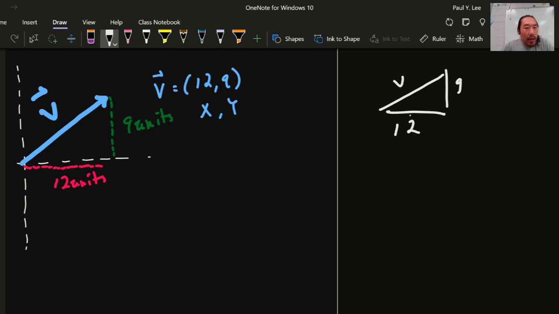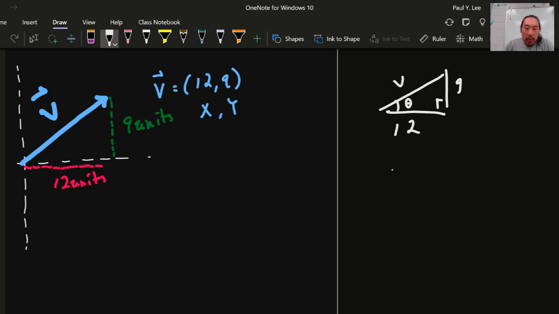In order to actually find the hypotenuse, knowing that this is the right angle and that's the angle, we have to use the Pythagorean theorem, okay? Now, we'll be using the Pythagorean theorem a lot in this course to find the unknown side of any triangle, because most of our triangles will be right triangles.